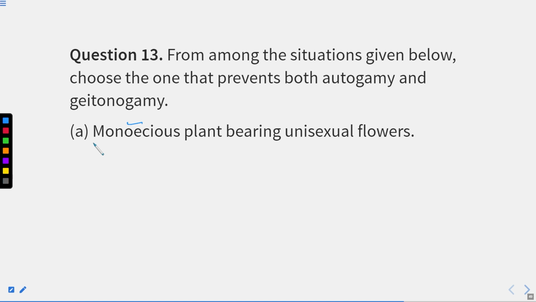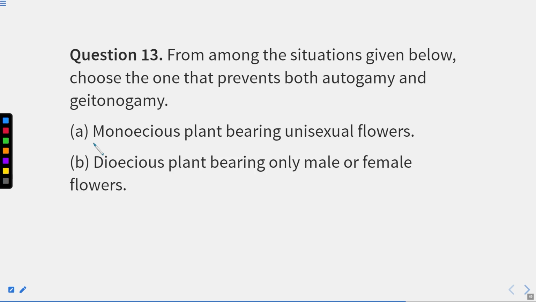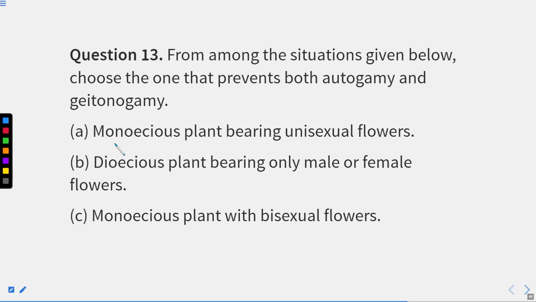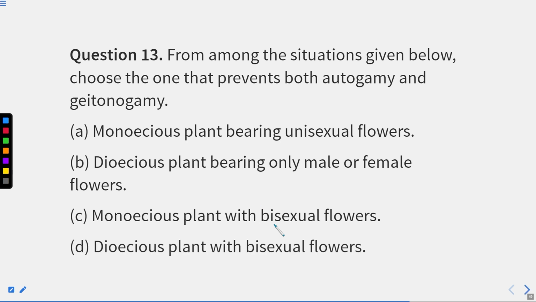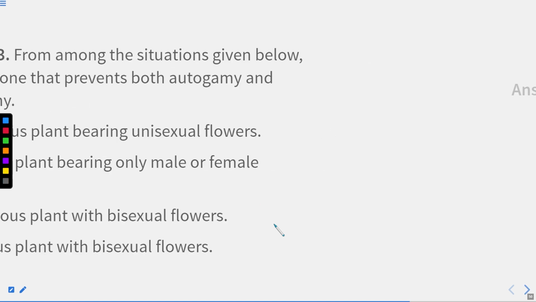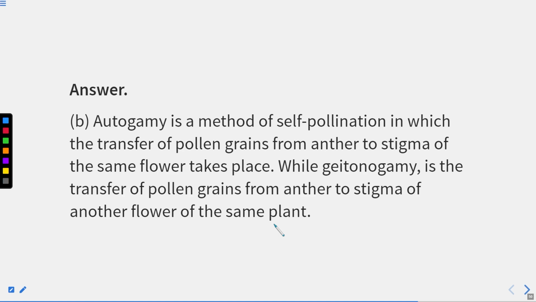The next option is dioecious plant bearing only male and female plants. So dioecious plants are those plants that bear only the male reproductive part or the female reproductive part. Option C is monoecious plant with bisexual flowers. What are bisexual flowers? The flowers that contain both the male and the female reproductive parts. Option D is dioecious plant with bisexual flowers. So what is the answer to this question? Option B is the correct answer.